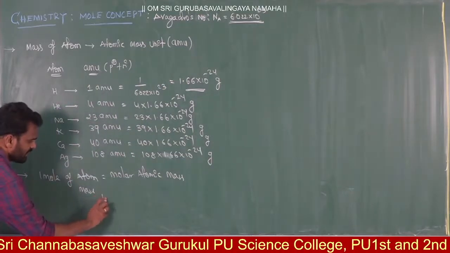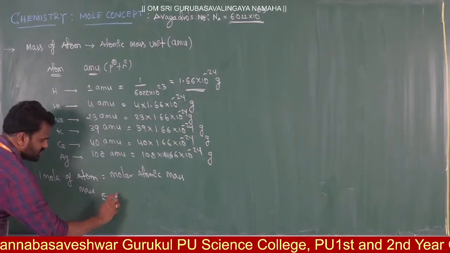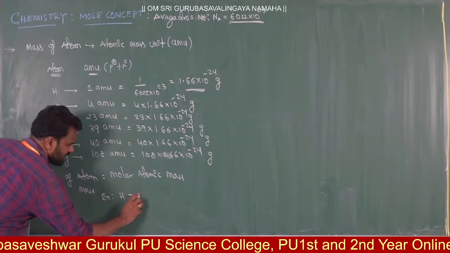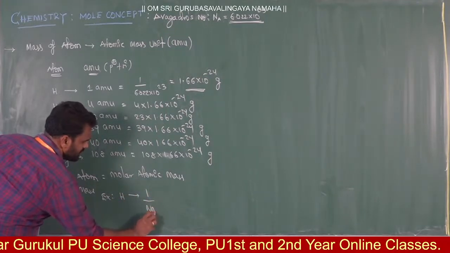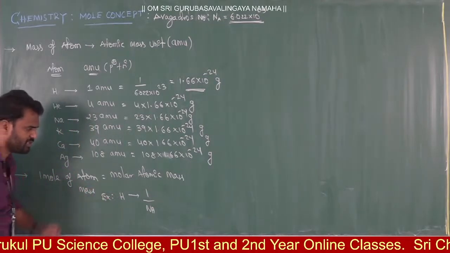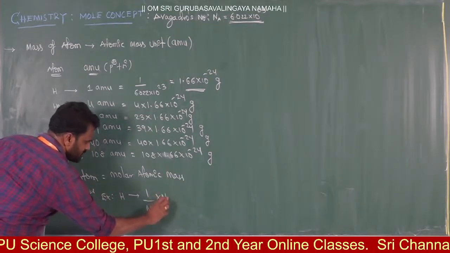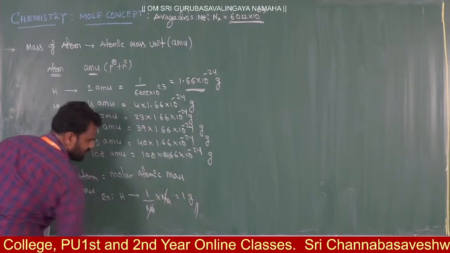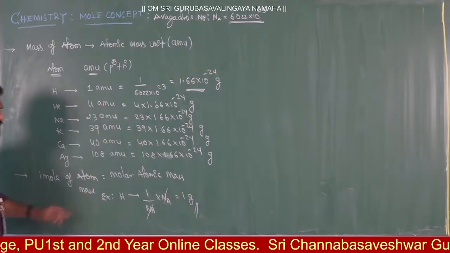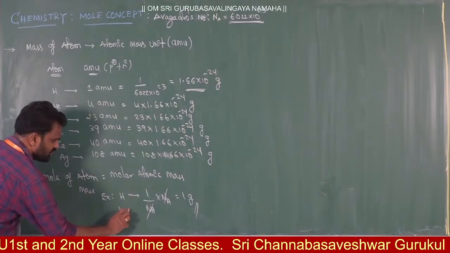For example, I have hydrogen. For hydrogen, I have 1 by Avogadro number for one hydrogen atom. If I have Avogadro number of particles, then the Avogadro number gets cancelled. Then I get 1 gram. So the weight of 1 mole of hydrogen equals 1 gram.